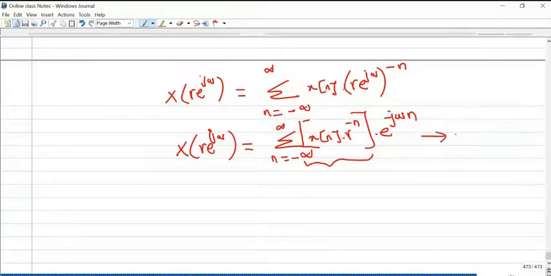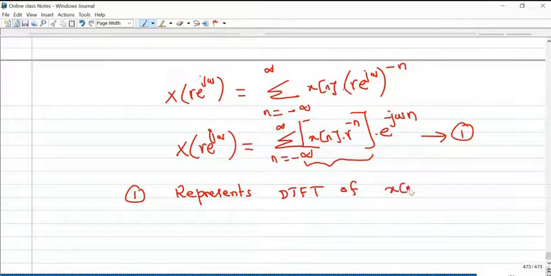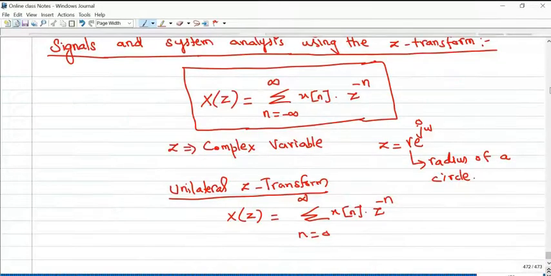I'll write it down. Equation 1 represents the DTFT of x of n r power minus n. That is your Z transform actually, but throughout Z transform we are going to use the variable Z.